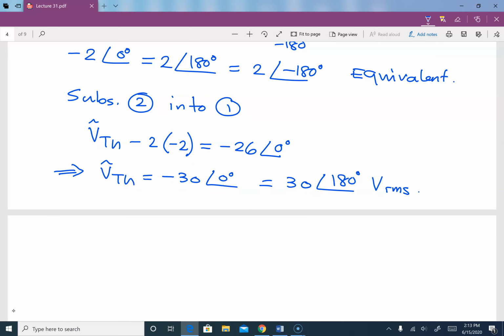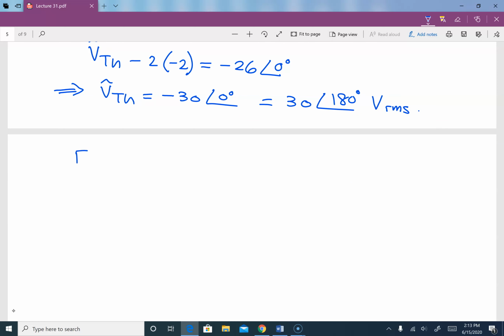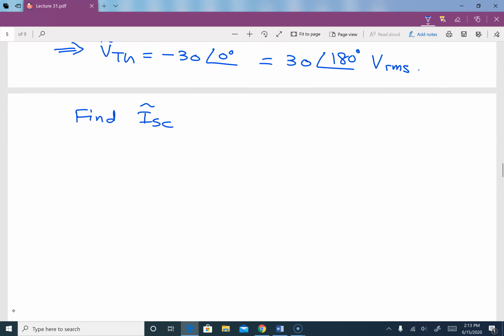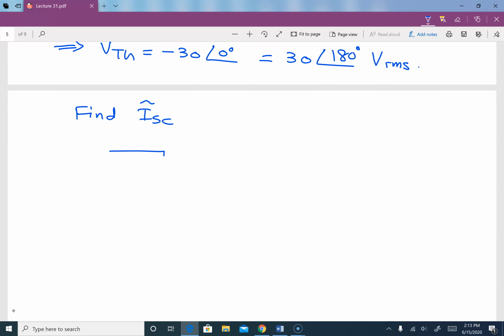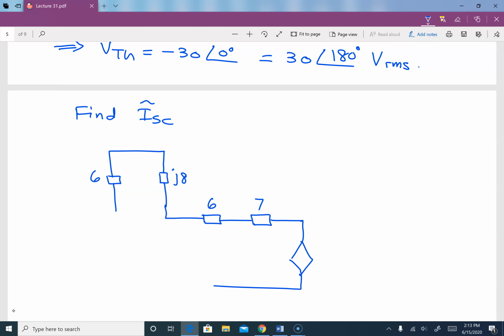So now the second step, we need to find I short circuit. So this is our circuit here. This is 6, J8, 6, this is 7, this is our voltage source, which is 2IX.